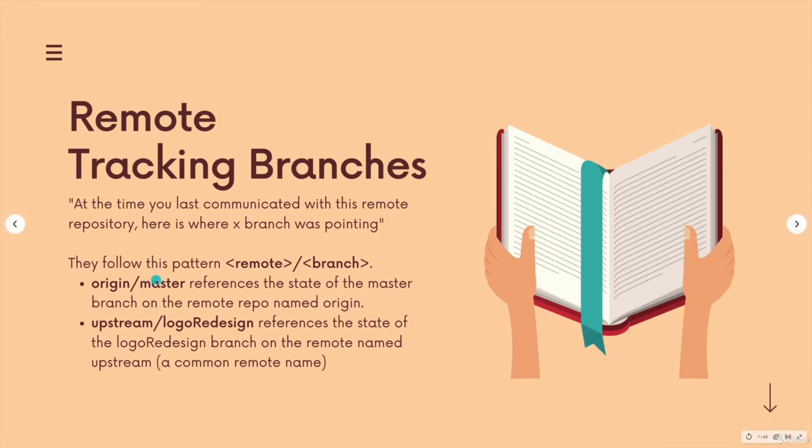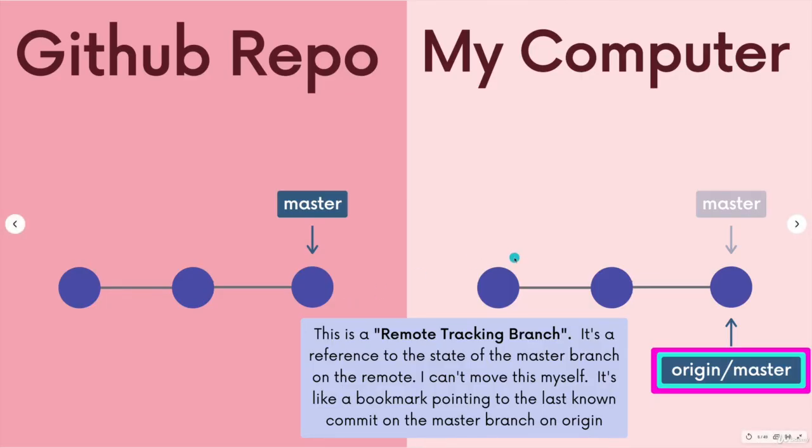So we've got origin master, but that might as well be origin eggplant or upstream. That's another common remote name that we'll talk about. And then logo design, that might be a branch. It could be any remote name / a branch. But just as the example, if we clone a repo, by default when we clone, the remote name will be set to origin. And whatever that default branch name, in this case master, will give us origin master.